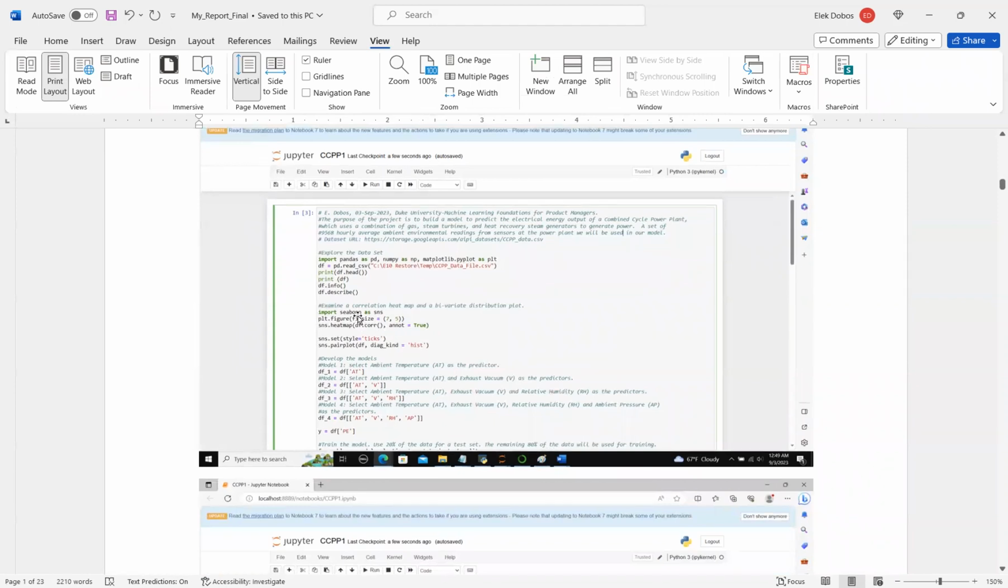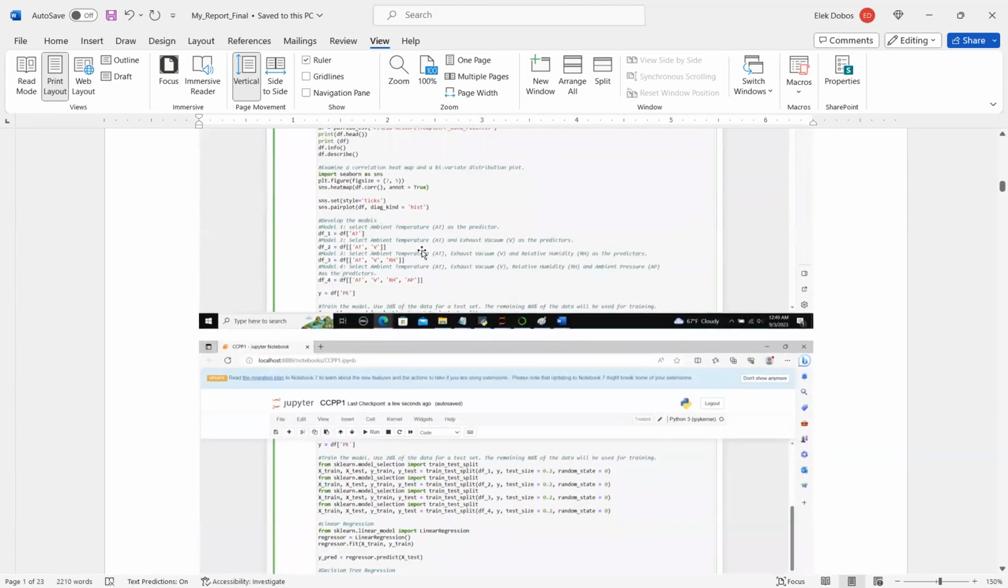Then I want to examine a correlation heat map and a bivariate distribution plot. Then I've decided, as I had mentioned, the dependent variable will be the power output, which I believe we call PE. My independent variables are all the data that's collected by the sensors in the power plant.